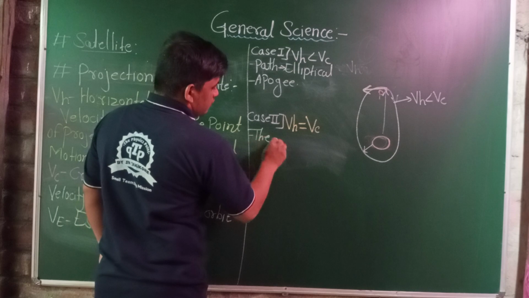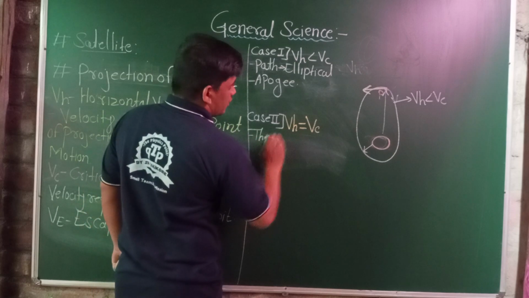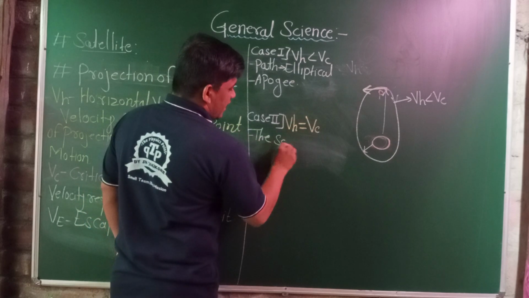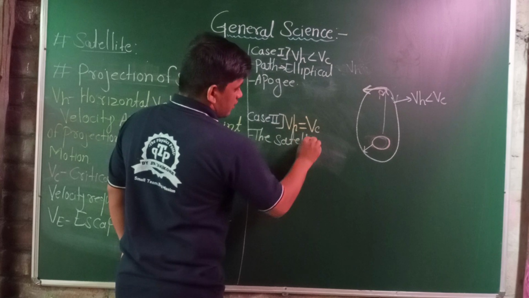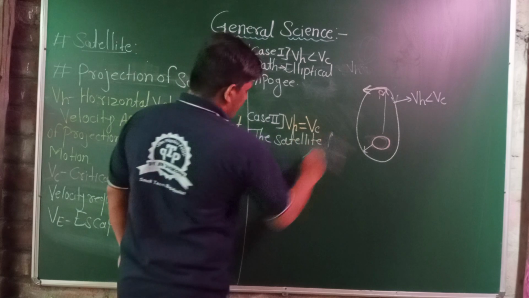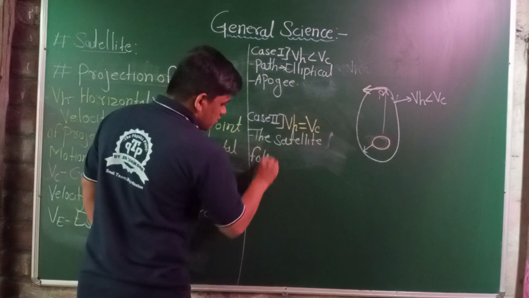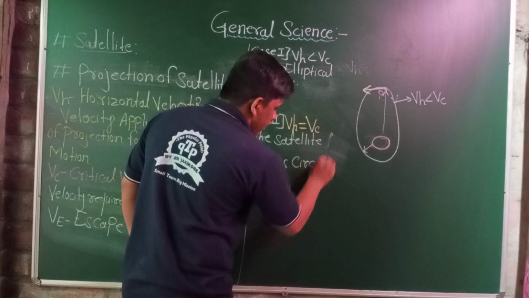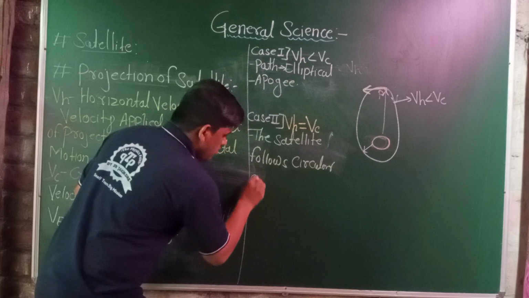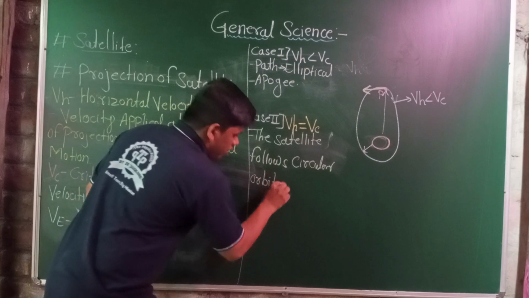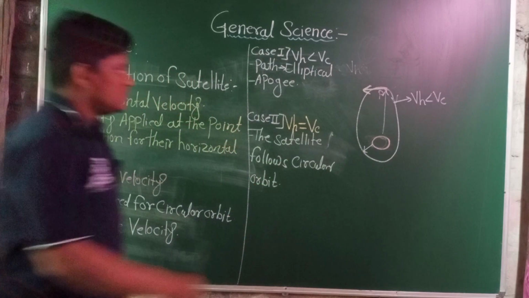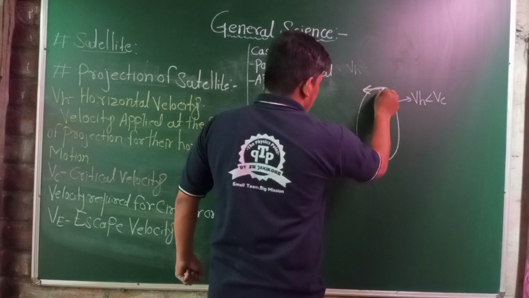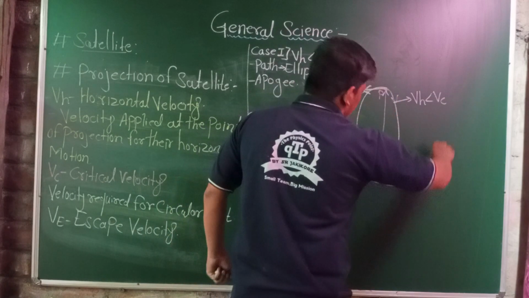The object, rocket or satellite follows a circular orbit. How can the circular orbit be drawn? The earth is the center.